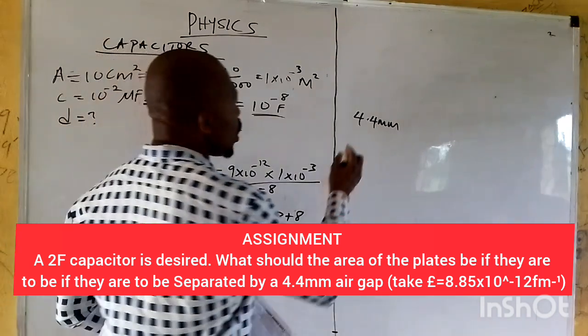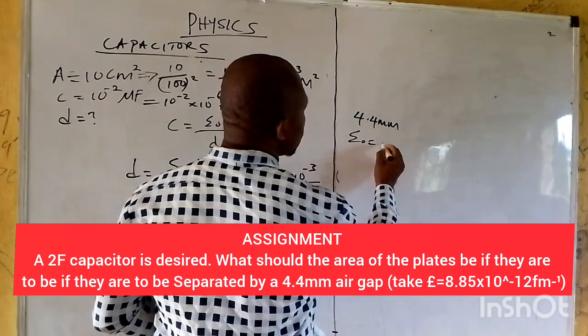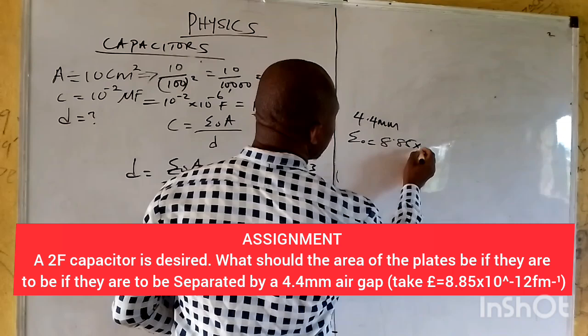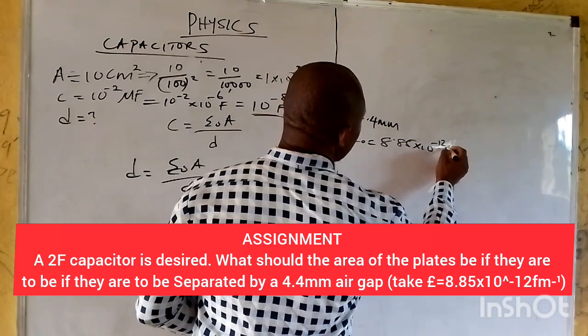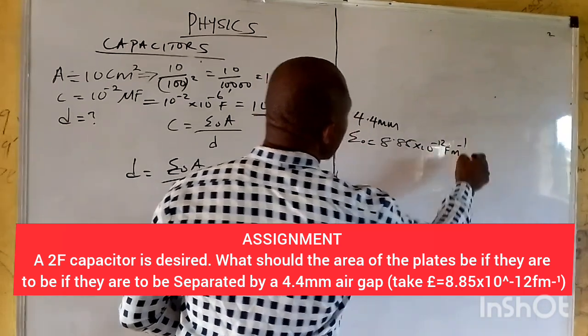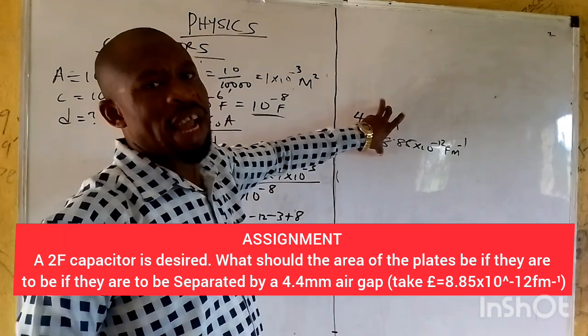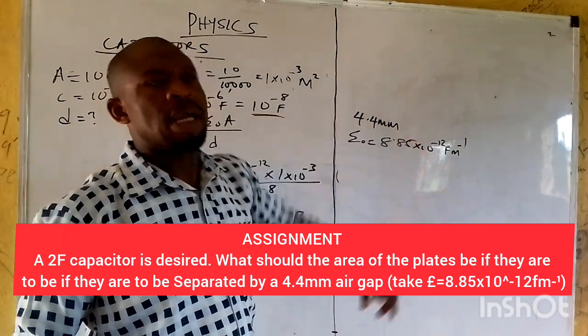Given that the permittivity of free space is 8.85 times 10 to the power minus 12 farad per meter. So please drop the answer in the comment section.